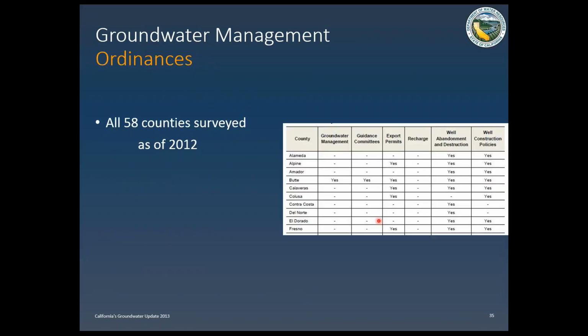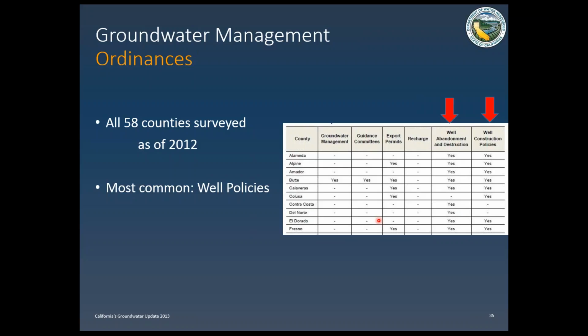Groundwater management ordinances. We surveyed all 58 counties as of 2012 and basically created a chart very similar to the one on the right. When we grabbed all those ordinances, we characterized each one in one of 6 different categories: groundwater management, guidance committees, export permits, ordinances concerning recharge, well abandonment and destruction, and well construction policies.